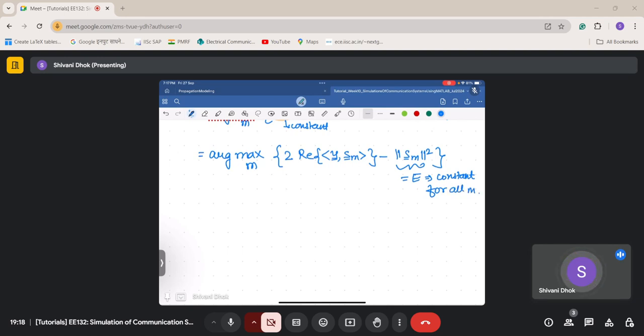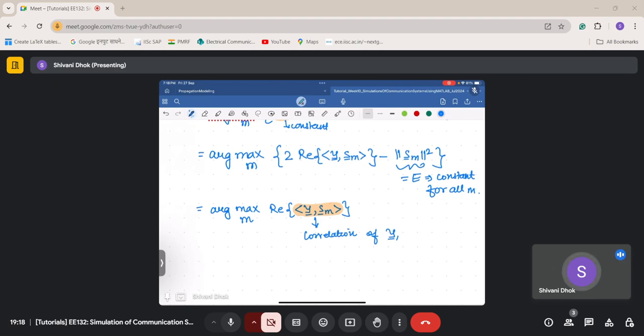Okay, so therefore this becomes argmax over M of real part of, and 2 is also constant, we can ignore it, so this will be real part of inner product of y and Sm. So this thing here is correlation of y bar and Sm bar.